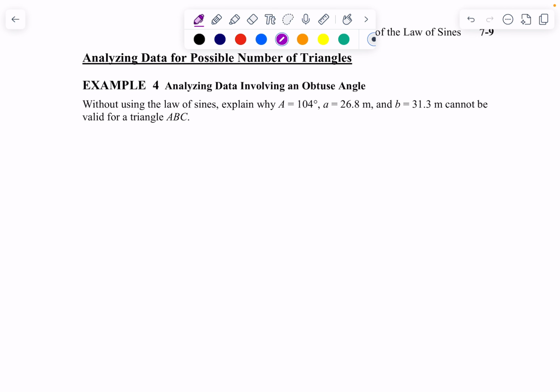In example 4, sometimes we can come up with this without really having to think for a second. So if I draw this out for a real quick second, we're going to make angle A be 104 degrees, which makes side a be 26.8.